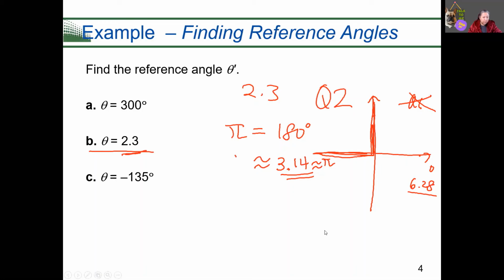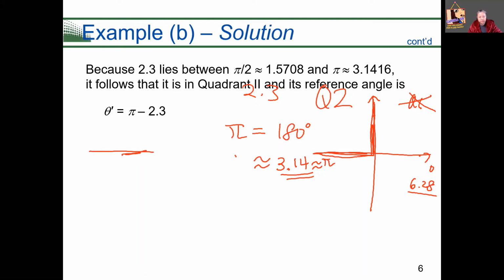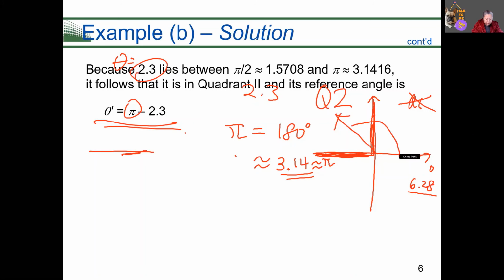Okay, then let's see a better approach for this. Now, if we know the given angle theta, 2.3, is in quadrant 2, then I can follow this formula. I write pi up front, and then I subtract the original angle theta, 2.3. The calculation gives 0.8416. But what is this?